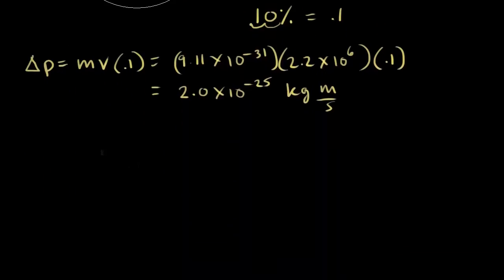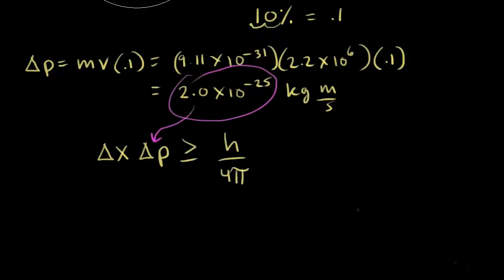So we had the uncertainty in the position of the electron times the uncertainty in the momentum of the electron must be greater than or equal to Planck's constant divided by 4 pi. So we can take that uncertainty in the momentum and plug it in here.